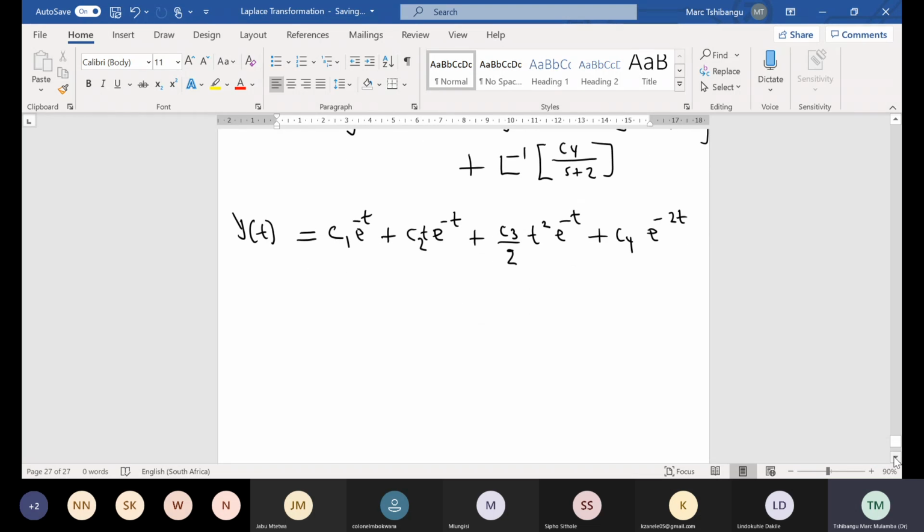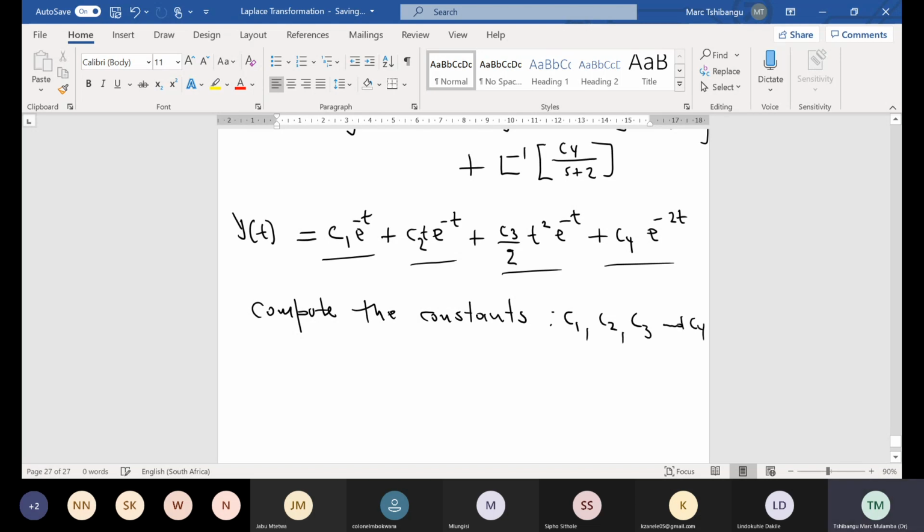I can always come back to this, when you receive the condensed table and you still struggle, you can always come back to this and then bring clarity. So once we have inverse Laplace transformed all these functions, the next step is we need to compute the constants C1, C2, C3, and C4.